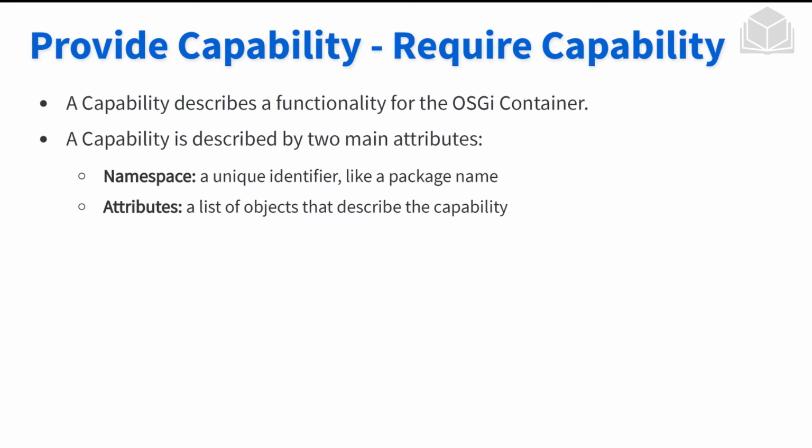One example could be, I might be creating an IDE using OSGi. And in one of my bundles, I'm providing a capability, which could be something like IDE version number, and then the attribute itself could be the version number itself. So I could say I'm providing a capability, IDE version number 1. And then another bundle can say, I require a capability of IDE version 1.